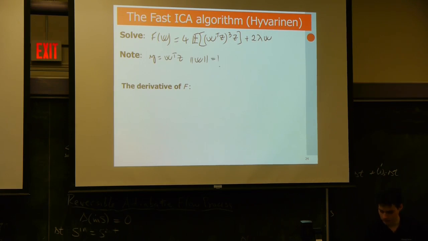The norm of W is 1. So my first question is, what's the value of this?